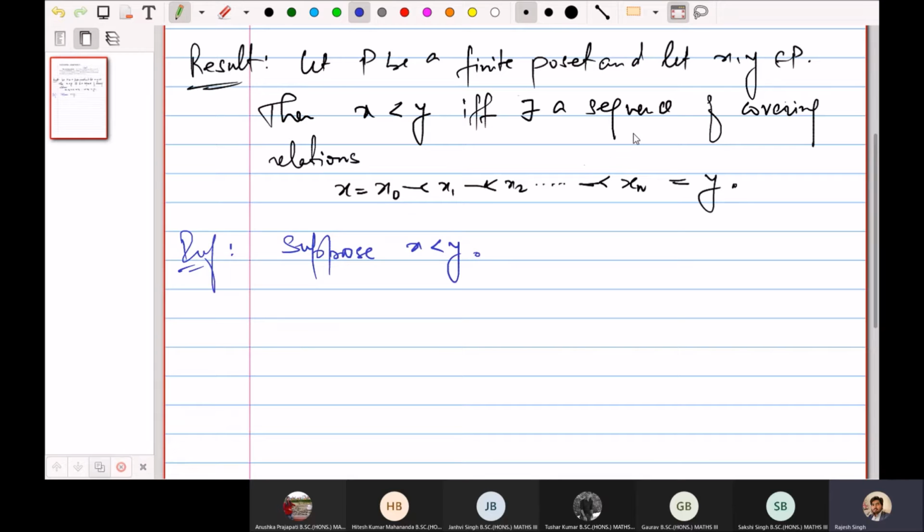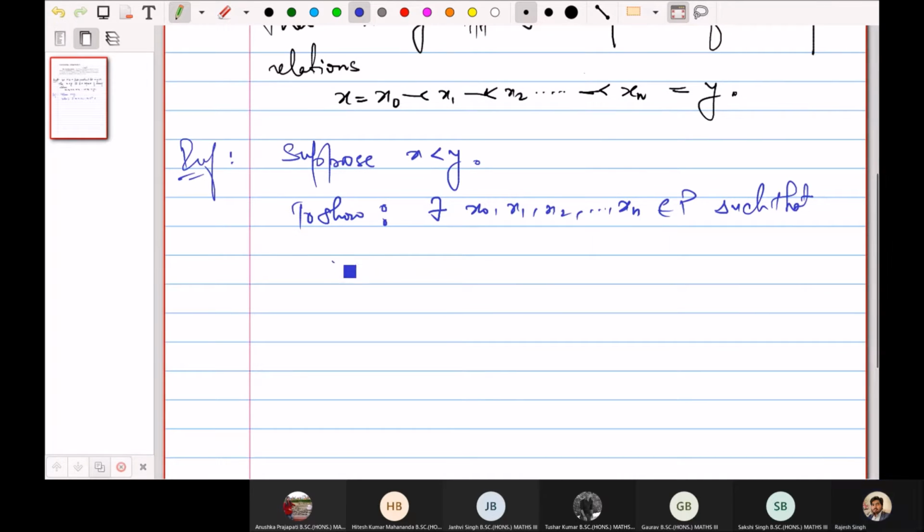To show there exists a sequence, to show there exist x1, x2, xn belonging to P such that x is equal to x0, x1, x2, up to xn equal to y. So how to show this?